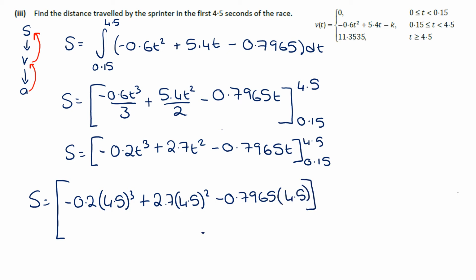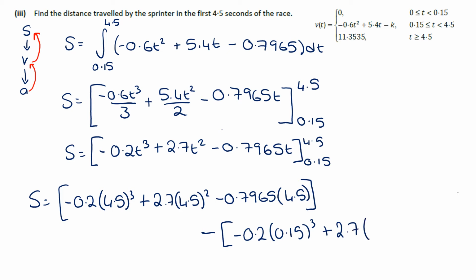Take away, it's a bit smaller, so a bit of room to work, minus 0.2 times 0.15 cubed plus 2.7 times 0.15 squared minus 0.7965 times 0.15. So what we're going to do is evaluate each square bracket and then do the subtraction.